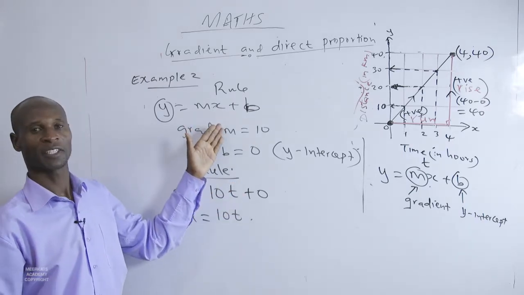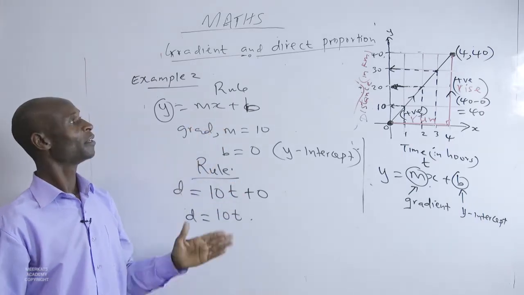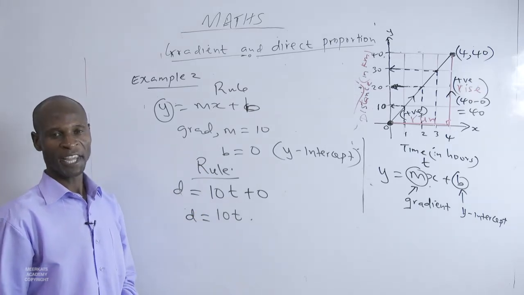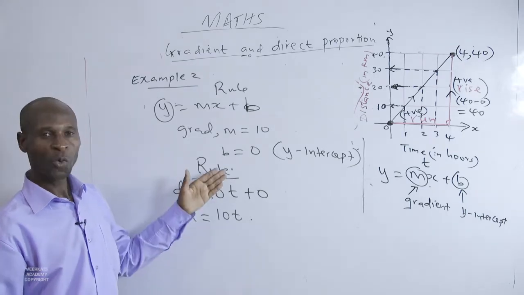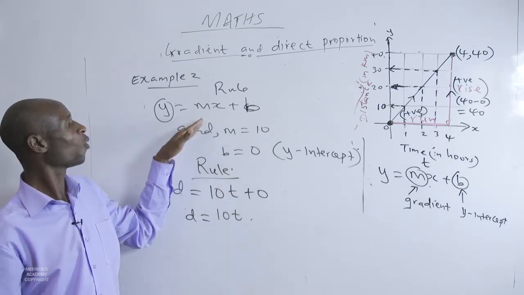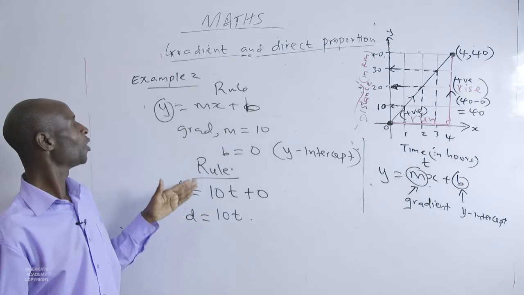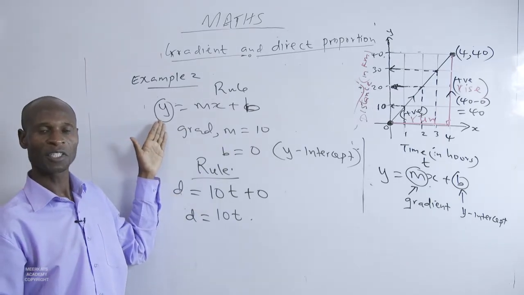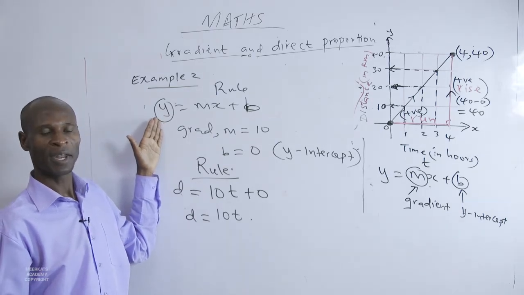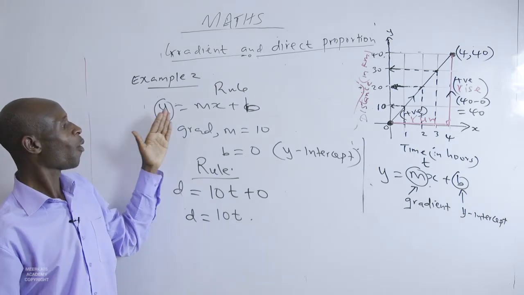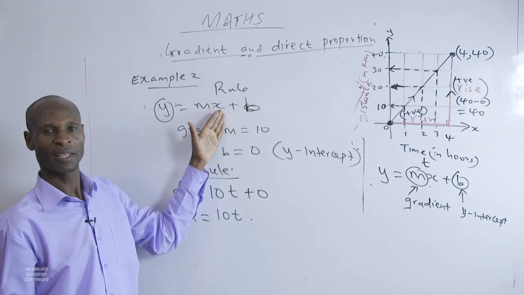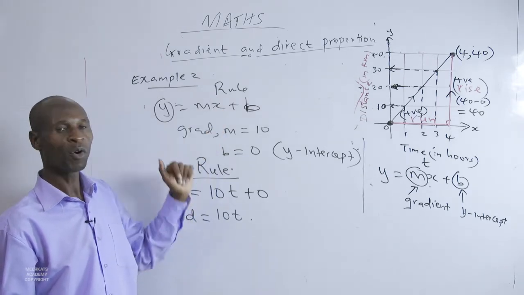We have established that the gradient, rate of work problems, and direct proportion are always connected, and the best way to relate the three is by using the general rule y is equal to mx plus b, where y represents the quantity plotted along the y-axis, which is normally the dependent variable, while x represents the quantity plotted along the x-axis, which normally represents the independent variable.